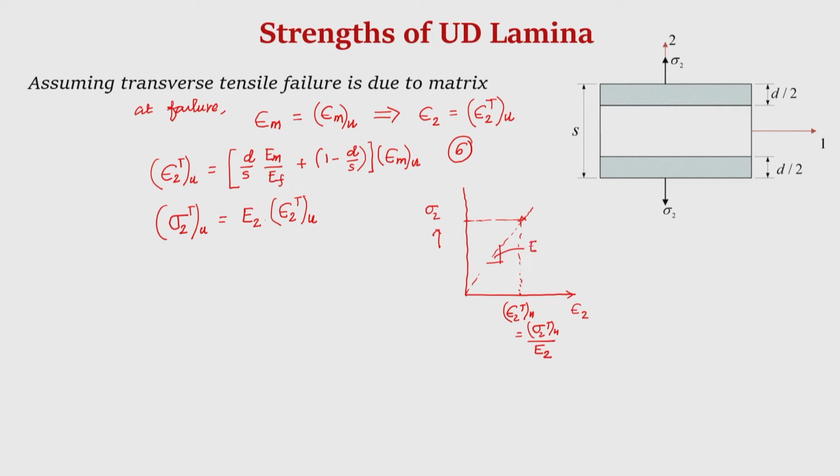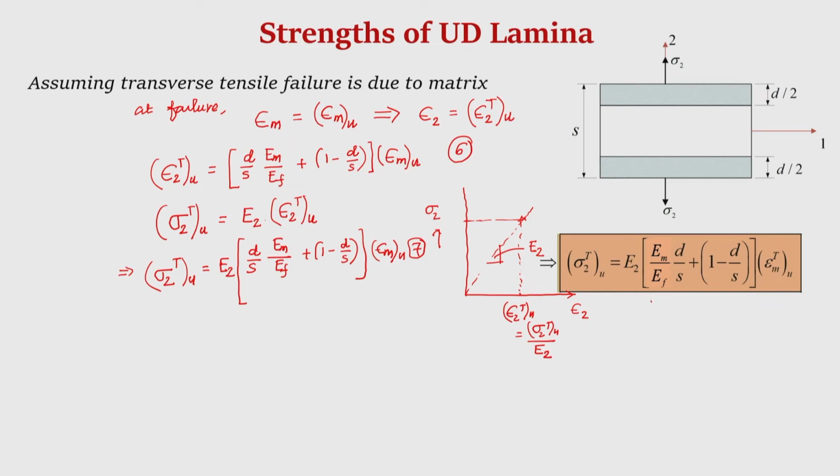Therefore, we can write sigma T u is equal to E 2 into d by s E m by E f plus 1 minus d by s, epsilon m u. So, this is what we get.